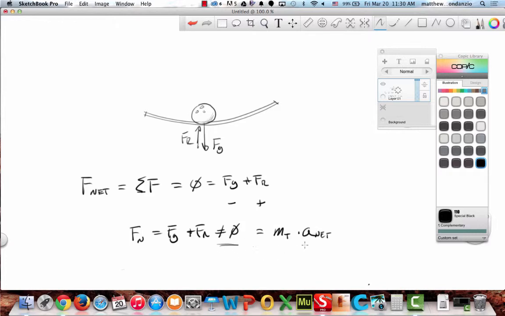If my mass is non-zero, in order for this multiplication to be non-zero, my acceleration has to be non-zero. If my acceleration is non-zero, it's some number. What kind of motion do I have on the object? Constant acceleration. Now, do we know how much that acceleration is? Not until we put the numbers in. But there's a constant acceleration. Do you guys see that?